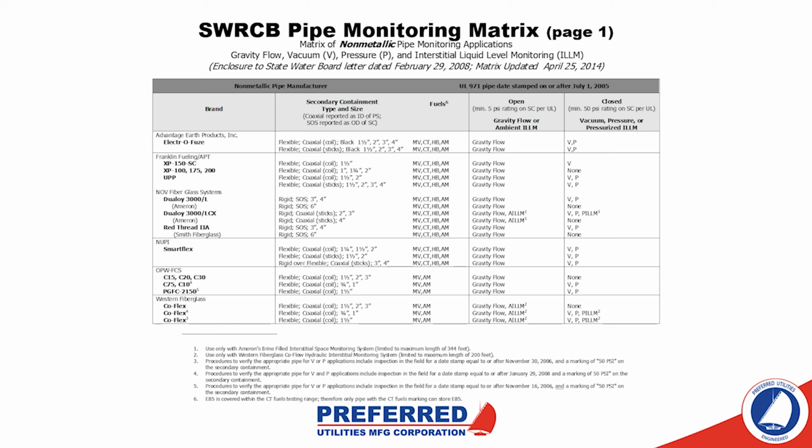So we're always checking to make sure that everything is on this list. Of course, we know the list pretty well because, as I said before, it was published on April 25th, 2014, and that's the latest update. We're hoping to get this updated with our own products shortly here.